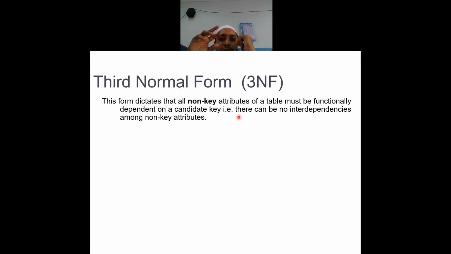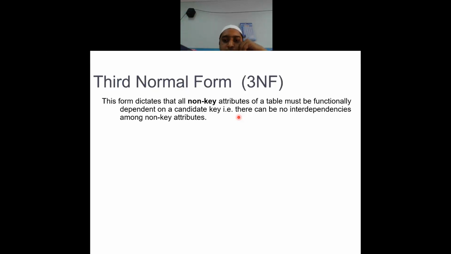Now, if they are there, suppose non-key attributes are there and candidate keys are there, then non-key attributes should depend on candidate keys also. Just like how they were dependent on the primary key in the second normal form, similarly, non-key attributes should also depend on the candidate keys.